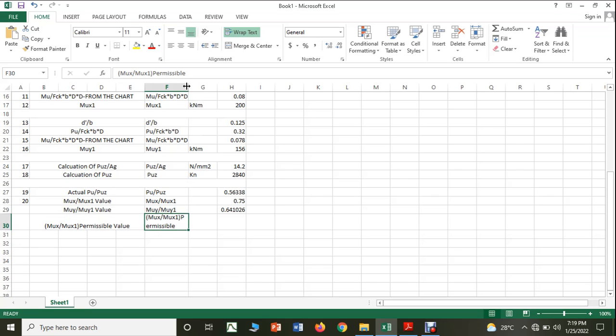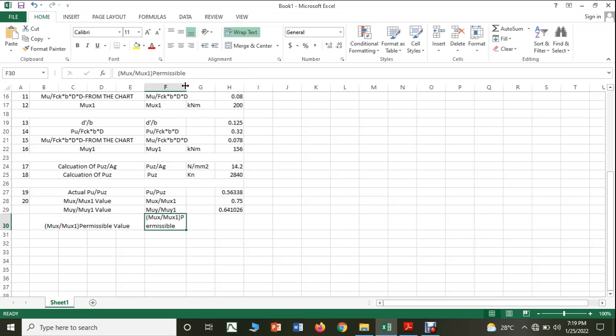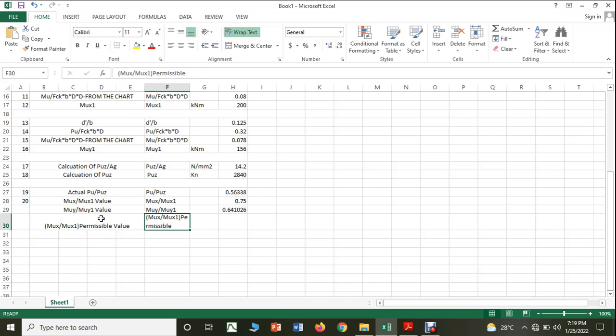This corresponding MUX by MUX1 permissible value we are going to get from the chart as 0.65.